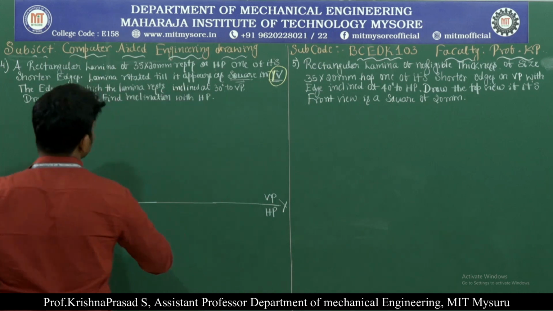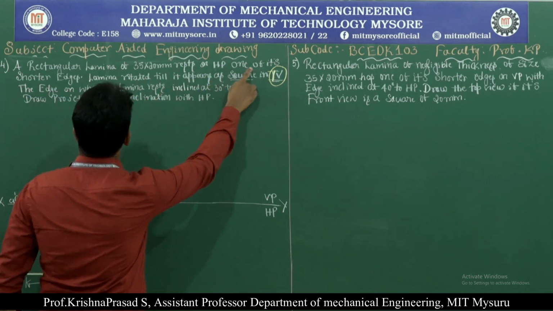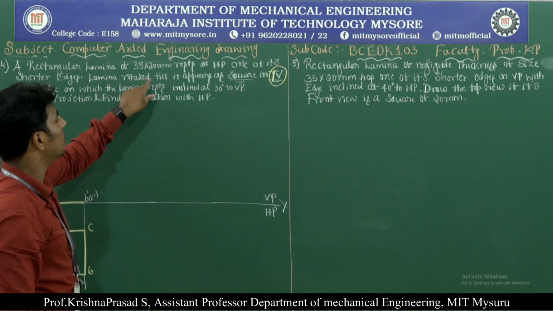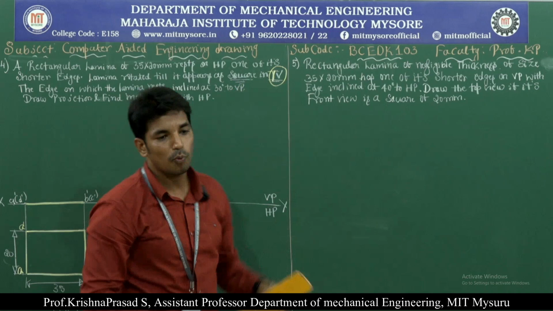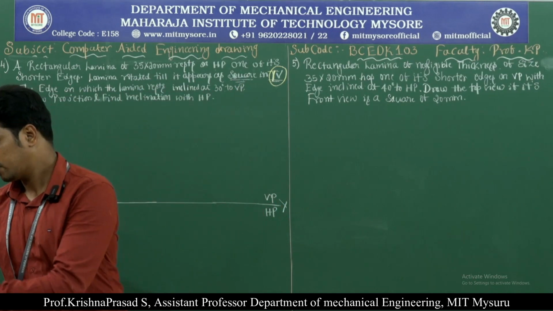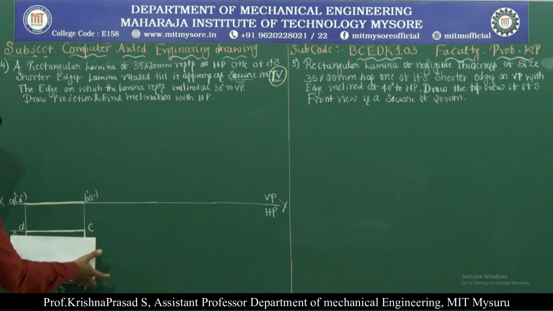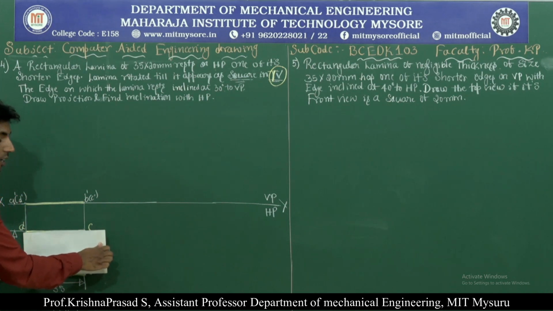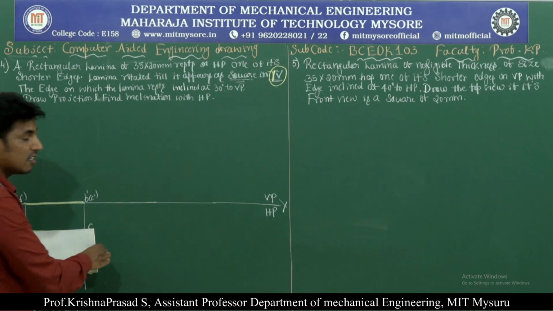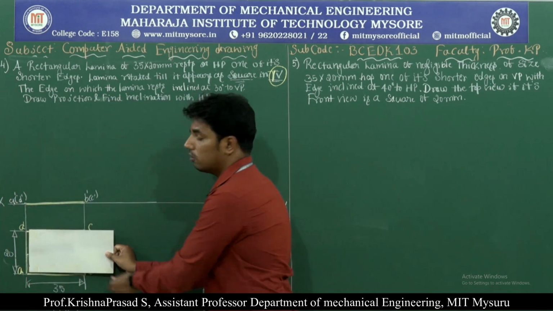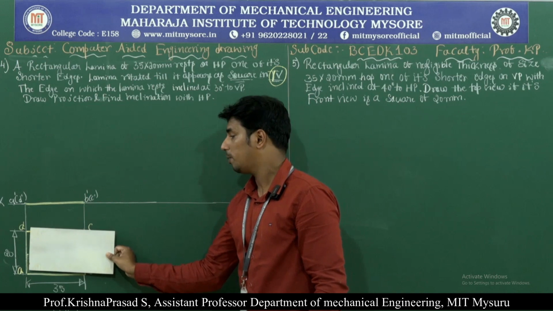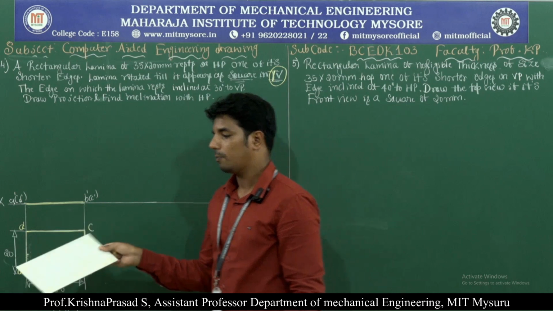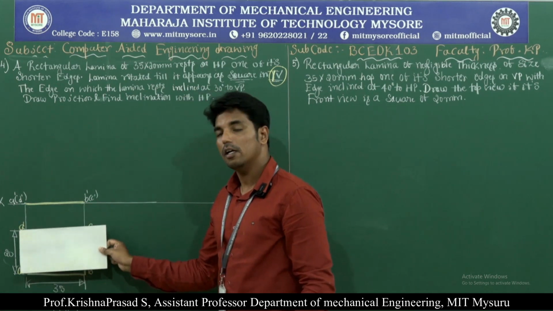Next, what they have given: resting on HP on one of its shorter edges, that we have already done. Then now the lamina should be rotated till it appears as a square in the top view. That means now the rectangular lamina rests here. So now we need to rotate the rectangular lamina. Look here, the lamina is resting on the HP, and we are rotating the lamina till it appears as a square in the top view.